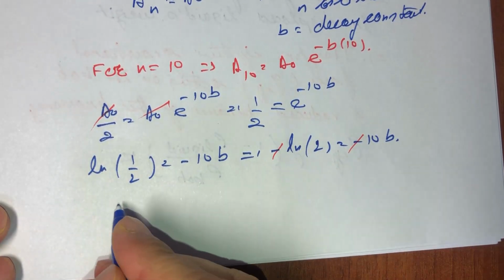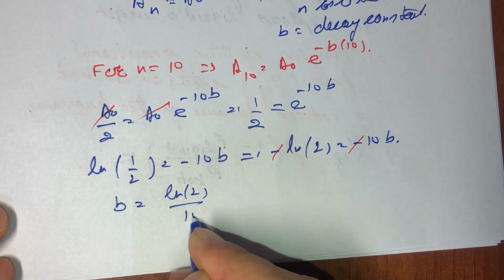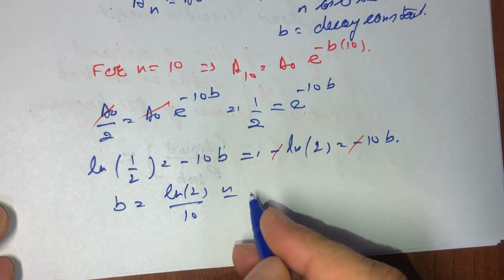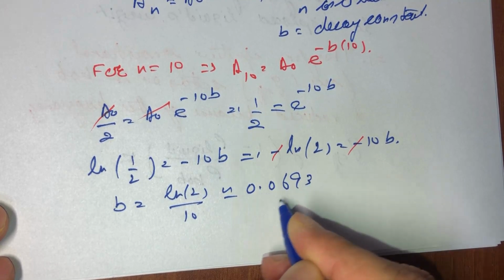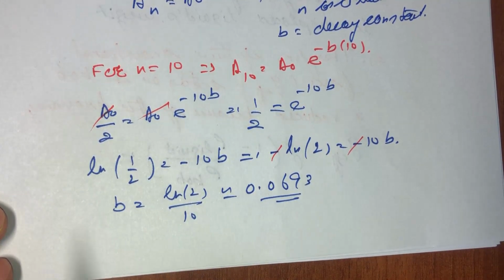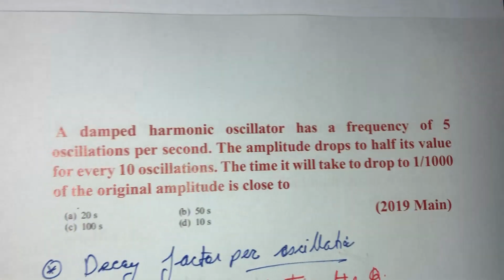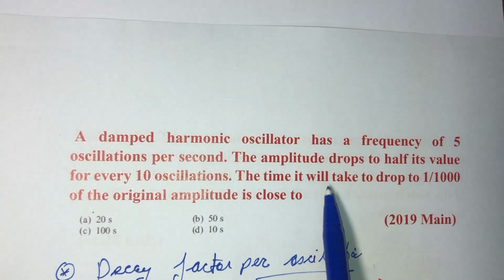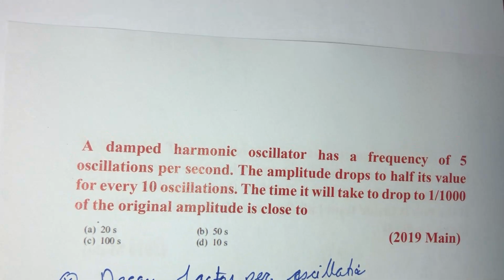So we get b is equal to natural log of 2 divided by 10. This comes approximately equal to 0.0693. So we found out the value of the decay constant. Now we come to the second part, the time it will take to drop to 1/1000 of its original amplitude.